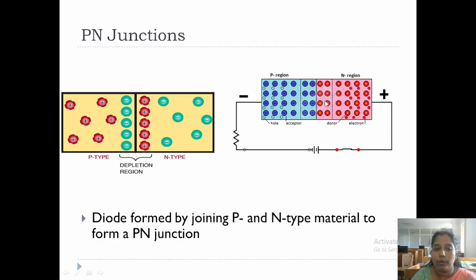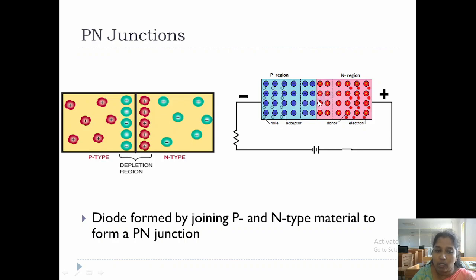Only a few electrons are able to cross this depletion region, and the same is true for the holes on the P side. From the P side the holes find it difficult to move, and from the N side the electrons find it difficult to move, because of the immobile ions present near the junction.